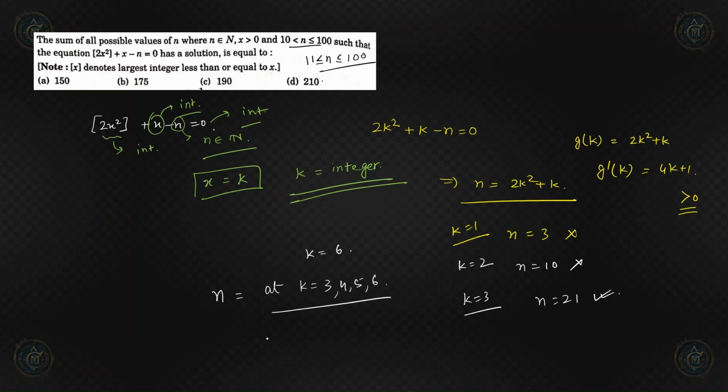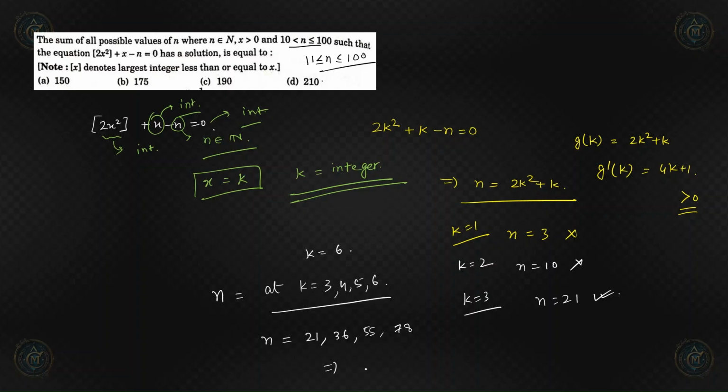So at these values we take the n values. At k equal to 3 it becomes 21, at k equal to 4 it becomes 16 times 2, so 32 plus 4, that is 36. Then 5 square, so 50 plus 5, so 55, and this becomes 72 plus 6, so 78.